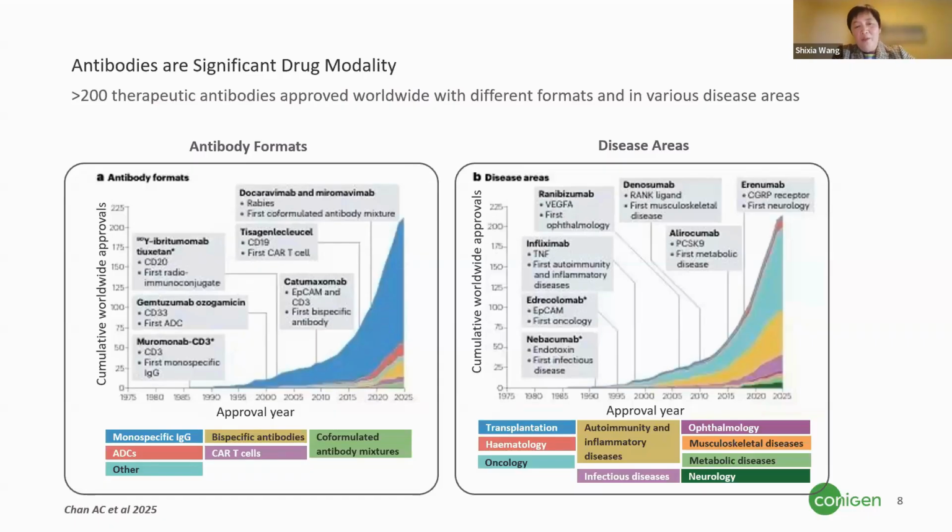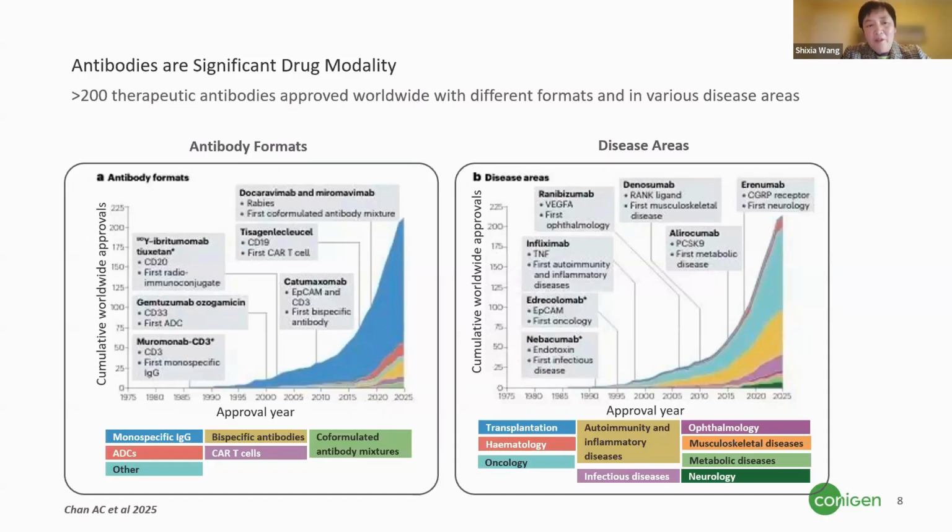The initial antibody is called the naked monoclonal antibody, IgG, and then further developed into other forms, including bispecific antibodies, antibody drug conjugates, ADCs, and then the CAR-Ts, and also some other combined antibody therapeutics.